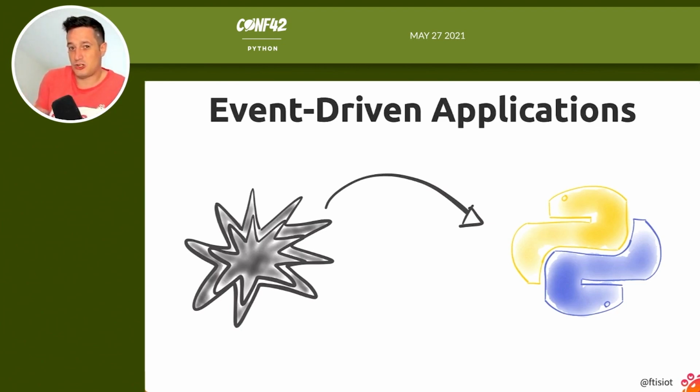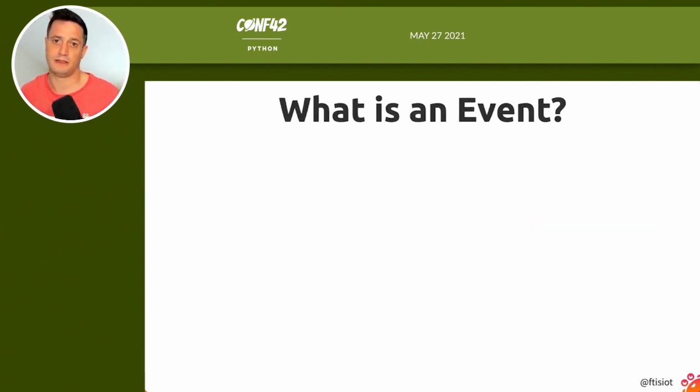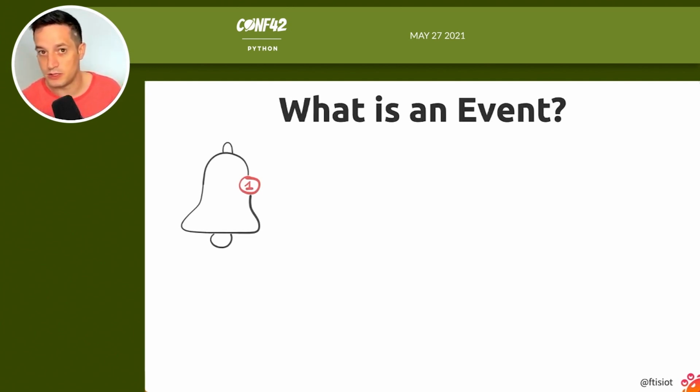But let's take a step back. Let's try to understand what an event is. We are all used to mobile phones, and we are all used to notifications. Notifications tell us that an event happened. We receive a message. We made a payment with our credit card and we receive the notification. Someone else stole our credit card details and made a payment, and we receive a fraud notification.